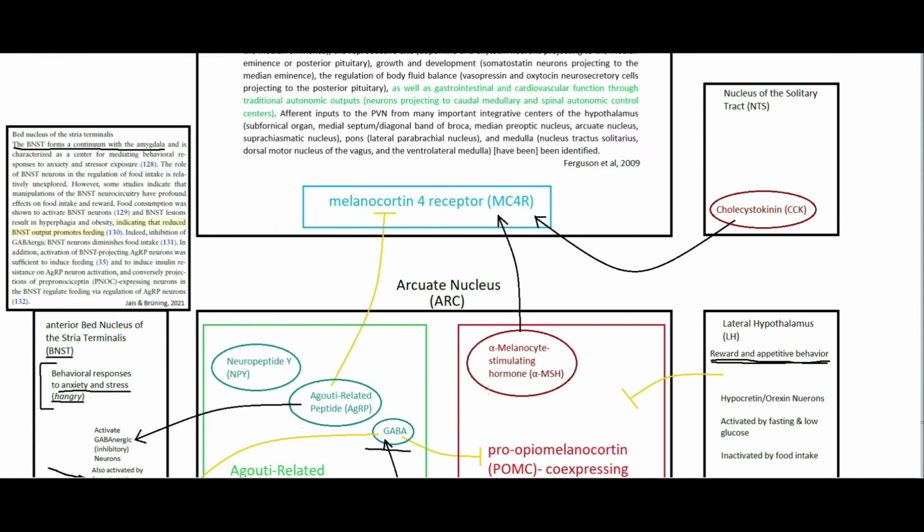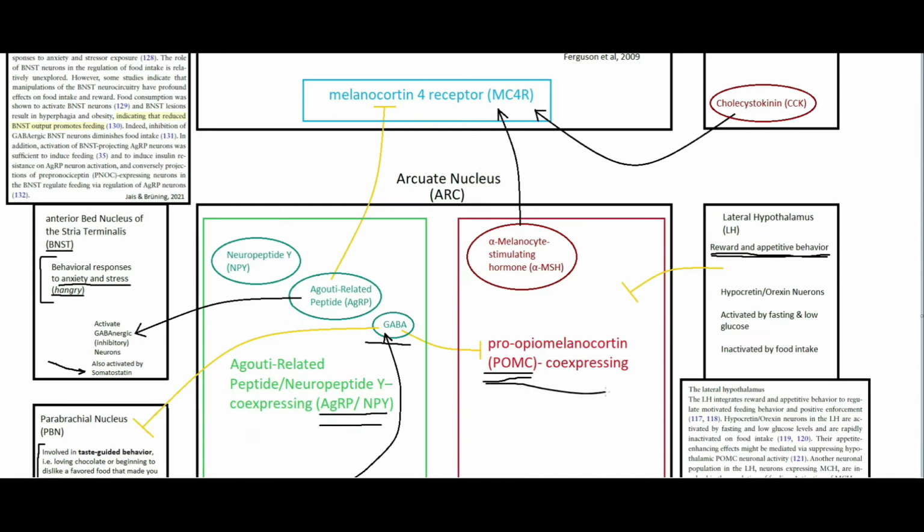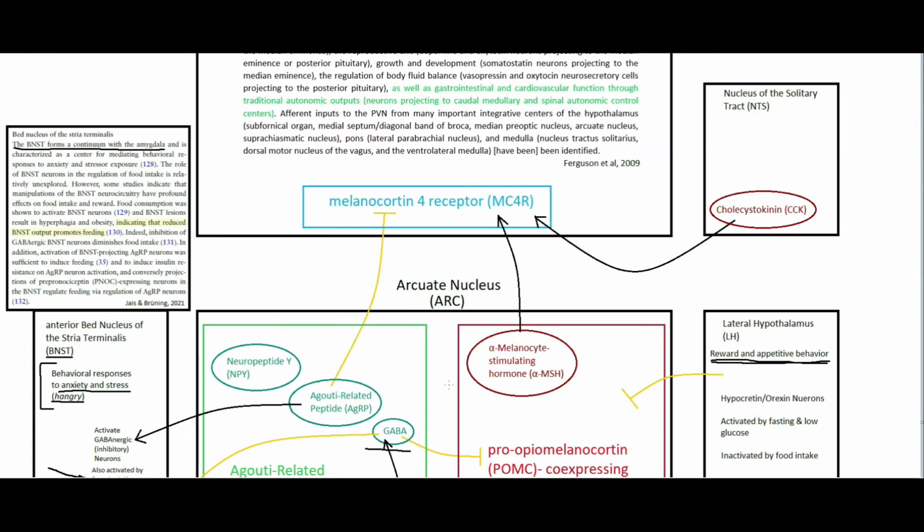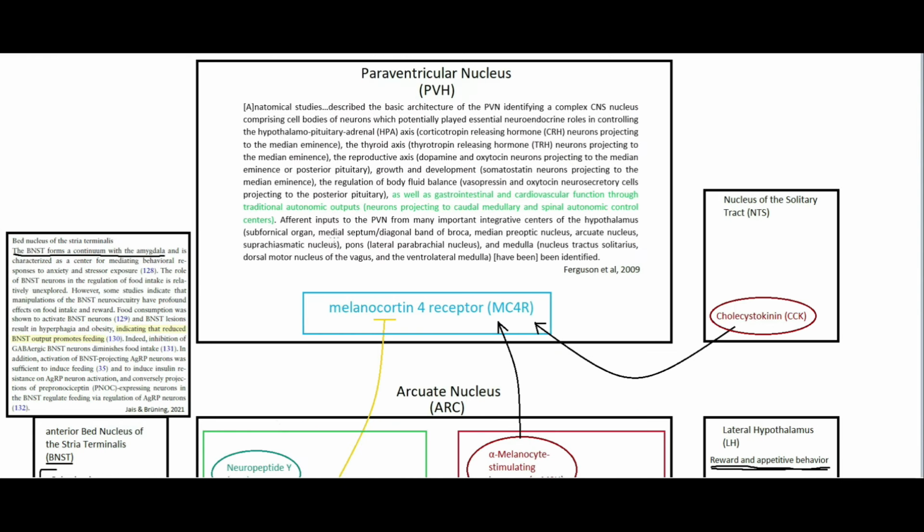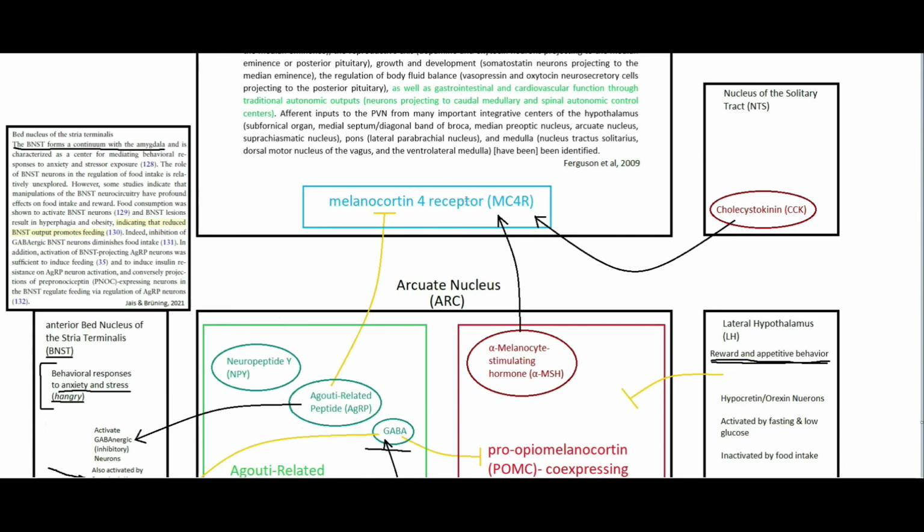hypothalamus. And so kind of the big thing here, both of these types of neurons, the stop eating and the start eating neurons, signal to the paraventricular nucleus, which is sometimes PVN, sometimes PVH, the H being for hypothalamus.